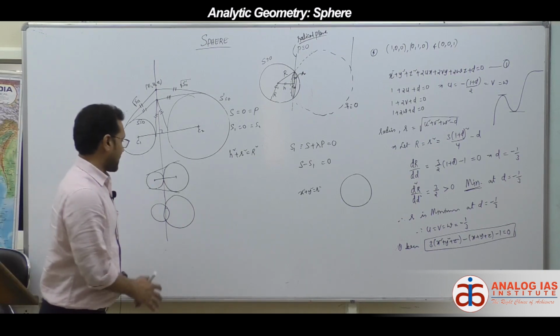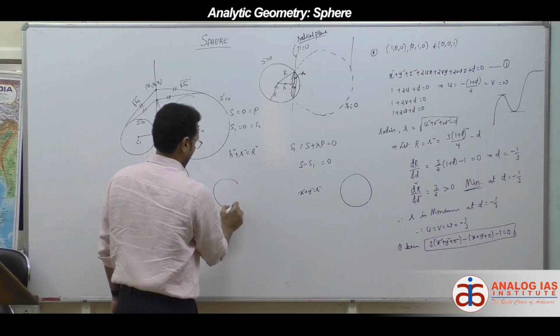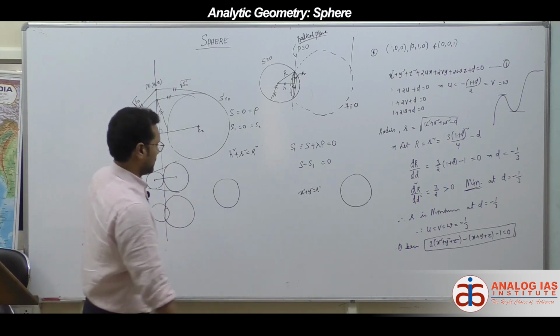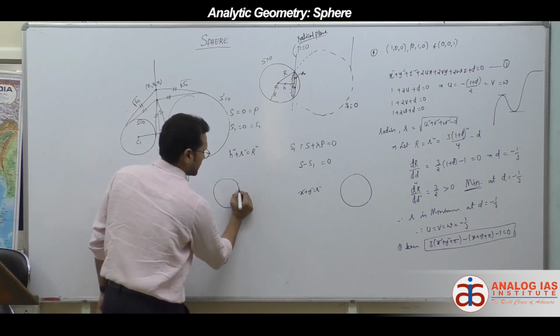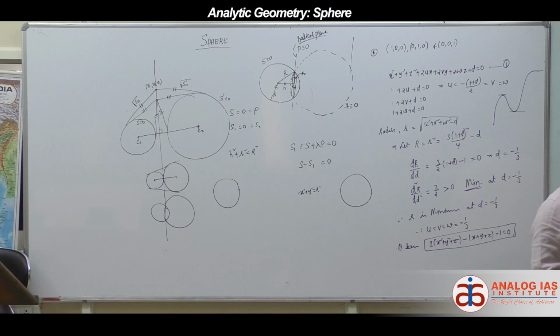Now, suppose there is a sphere. I am trying to expand your understanding. There is a sphere, and there is a point on the sphere.